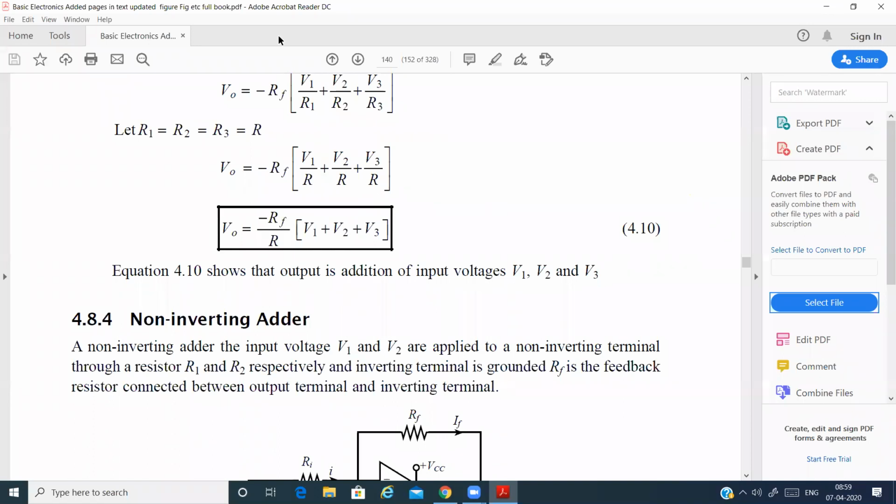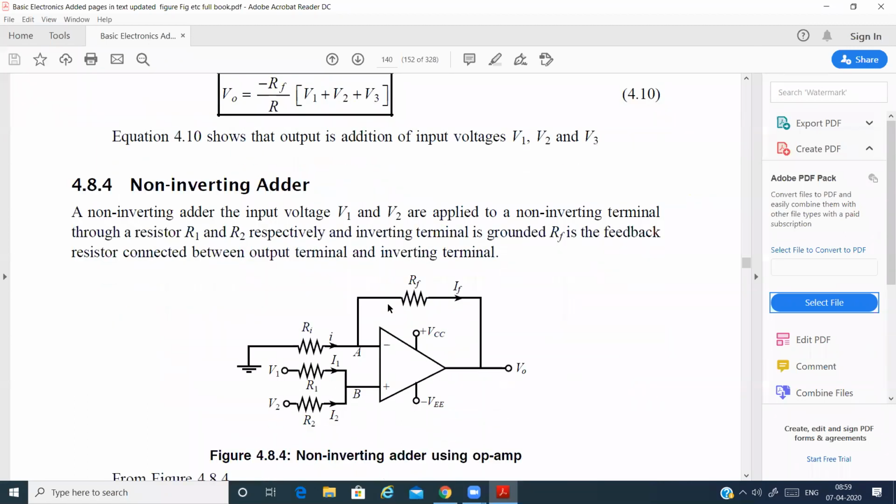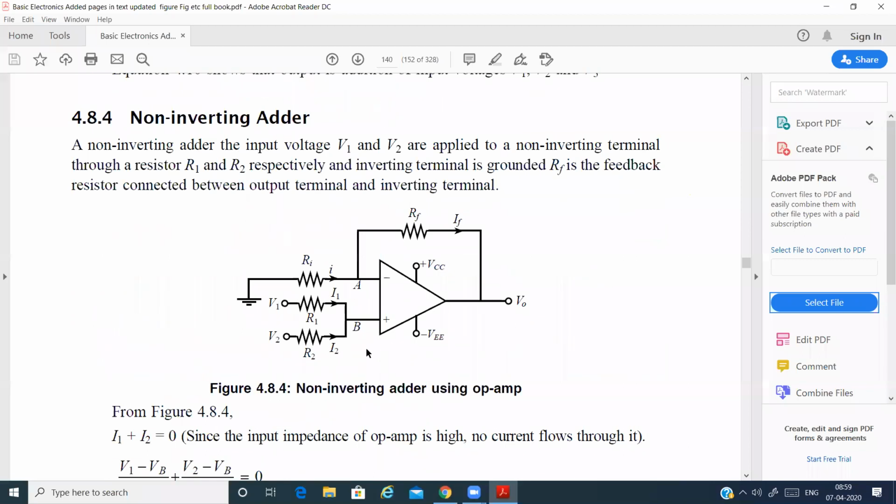After this, we are having the non-inverting adder. So in the non-inverting adder, you can see that 2 or 3 inputs will be added at the non-inverting terminal. Just for an example, I have considered 2 inputs, V1 and V2. So this V1 and V2 will be added and given.